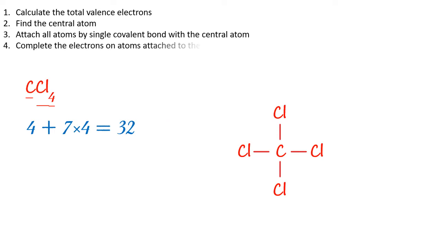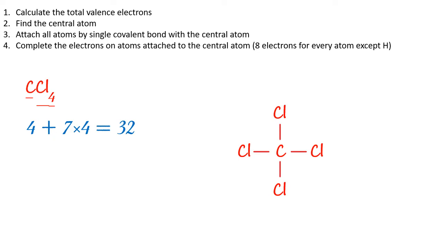Okay, step number 4, complete the electrons on atoms attached to the central atom. So here we have to complete electrons in all chlorine atoms. How many electrons? 8 electrons. Okay students, now here you see all chlorine atoms are already attached with one single covalent bond.